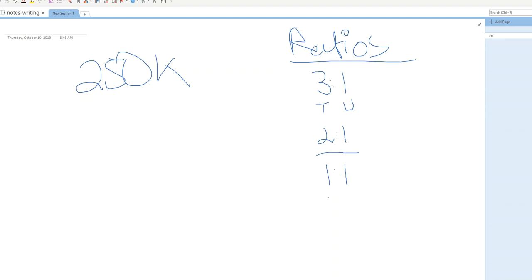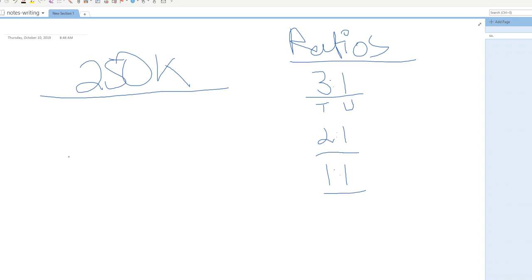In this case, we're going to do 3-to-1: 3 times term insurance, 1 time UL. This will make the policy at 250,000, and this is what's going to make it the least expensive way.